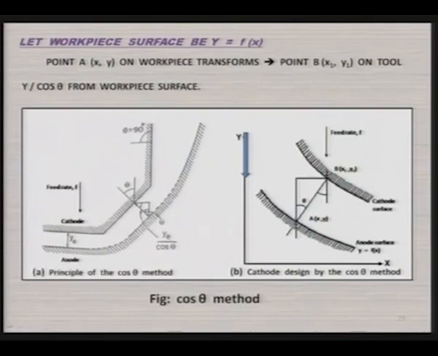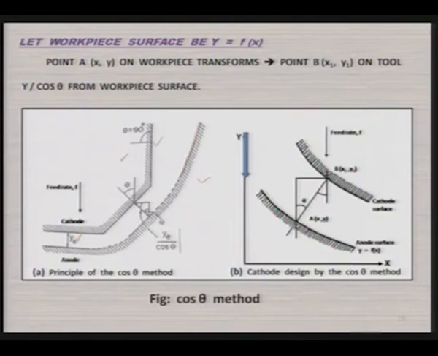In one, the interelectrode gap is equal to the equilibrium gap y E. This is the tool and this is the workpiece, and this is the parabolic surface that you are going to get if the normal to the workpiece surface and the feed direction are in the same direction. And if theta is less than 90 degrees, you are going to get the interelectrode gap as y E over cos theta. That is what is shown over here.